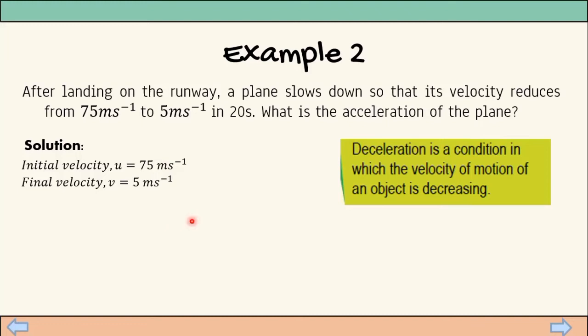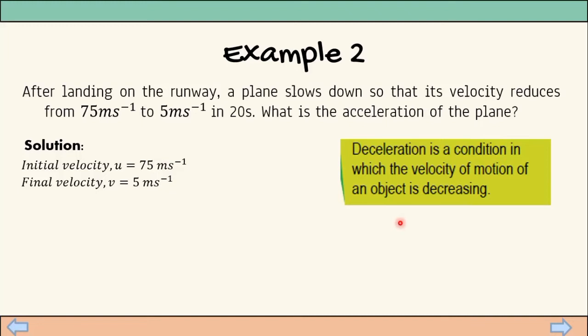Yes, so it's true. Okay, so based on what Sophia said, the plane is in deceleration, right? Deceleration is a condition in which the velocity of motion of the object is decreasing.